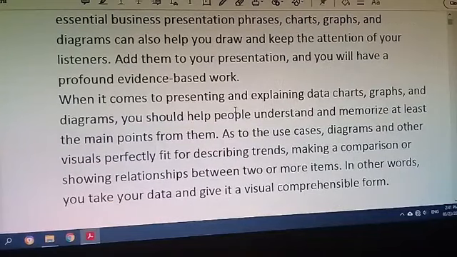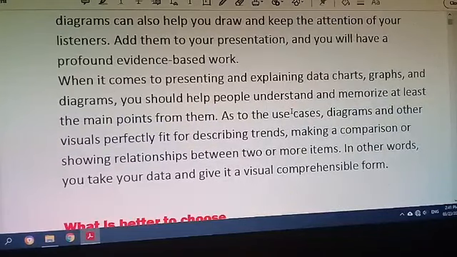When it comes to presenting and explaining data, charts, graphs and diagrams should help people understand and memorize at least the main points from them.